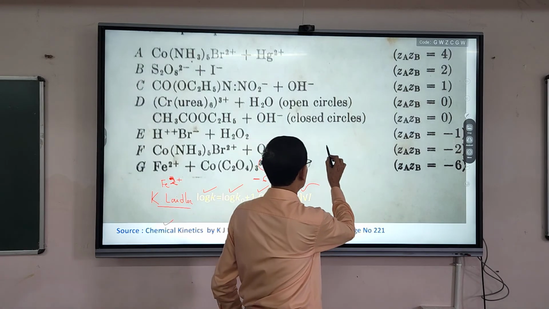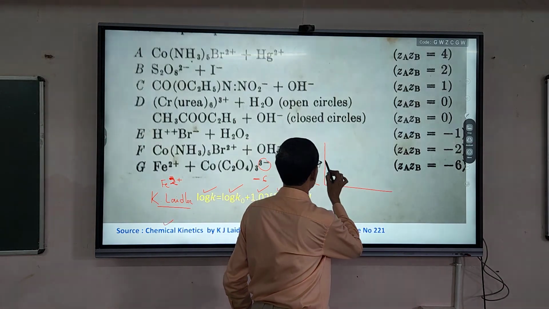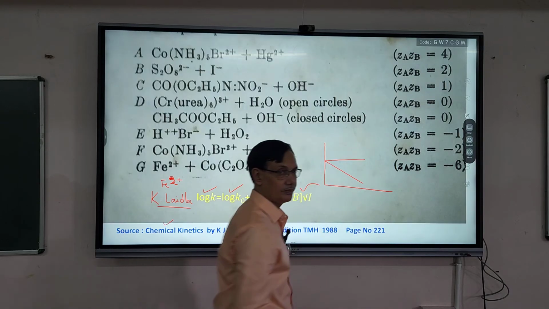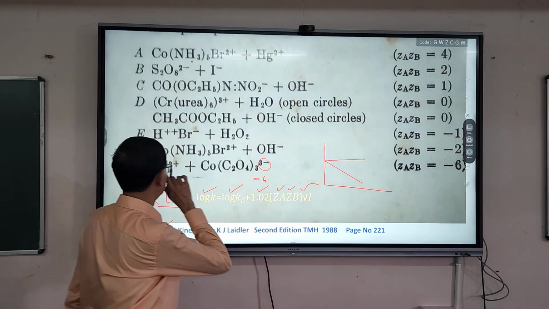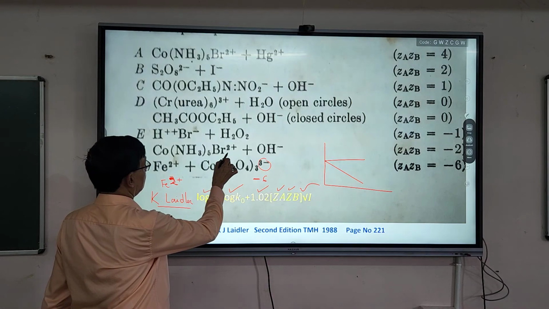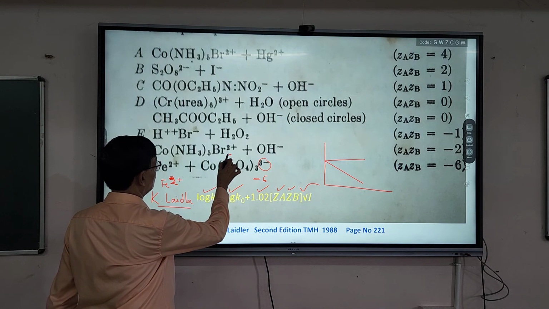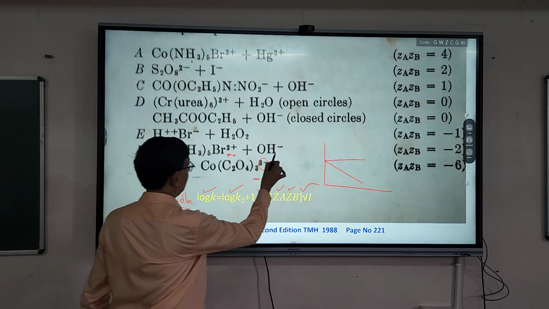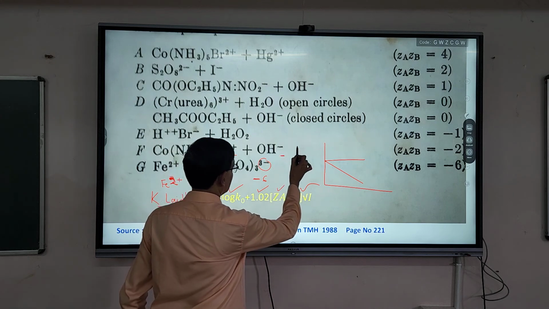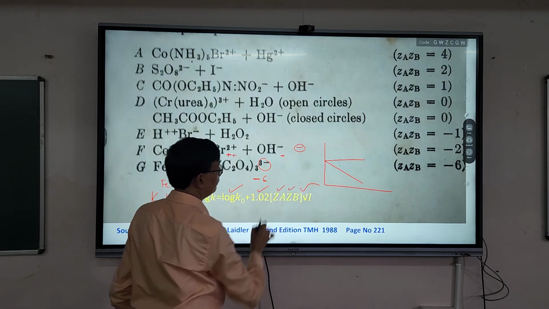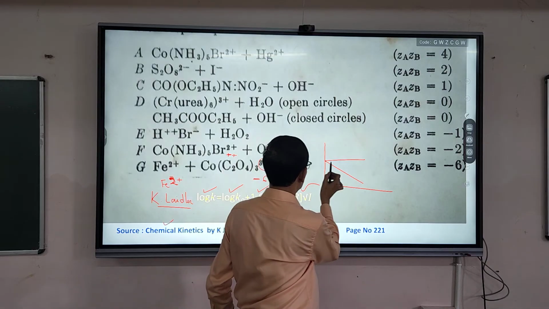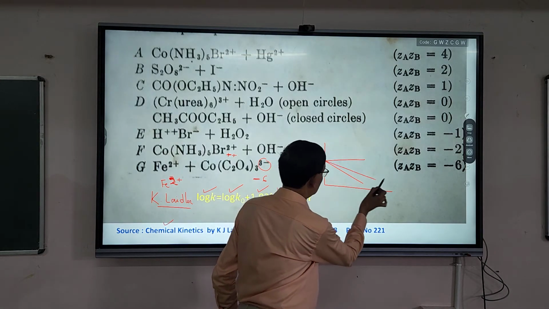So the rate will decrease. Then again in this case, plus 2 and minus, the net result is negative, minus 2. So again the rate decreases.